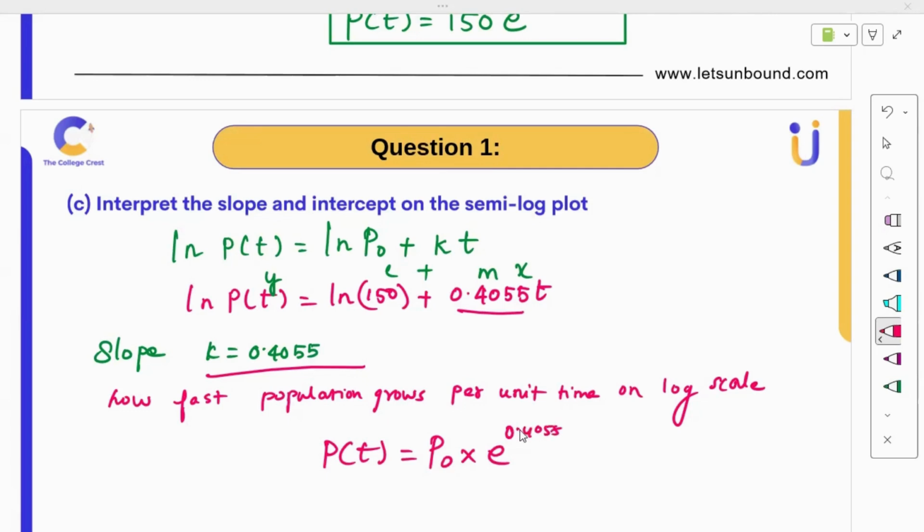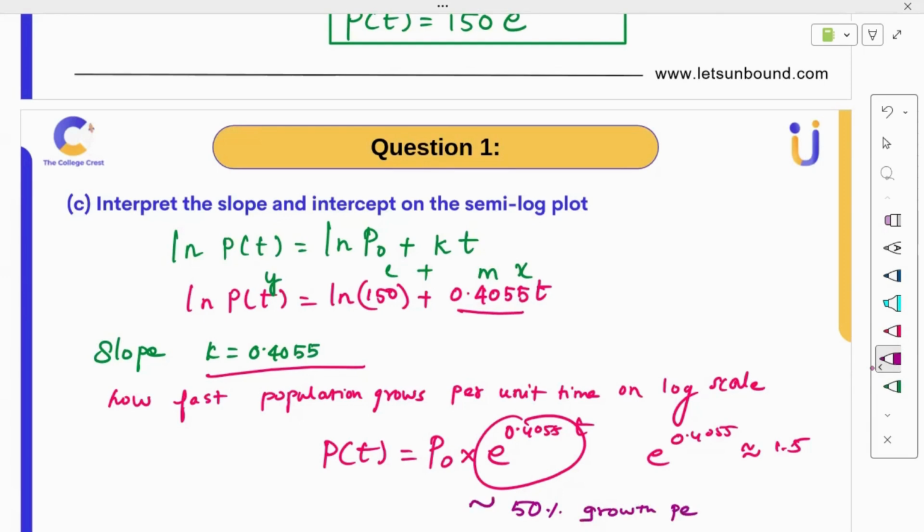So e power 0.4055 will approximately give you 1.5. So 1.5 means the original 1 whole and 0.5, which is 50% growth per hour. So this is the interpretation: approximately 50% growth per hour in this bacterial colony.